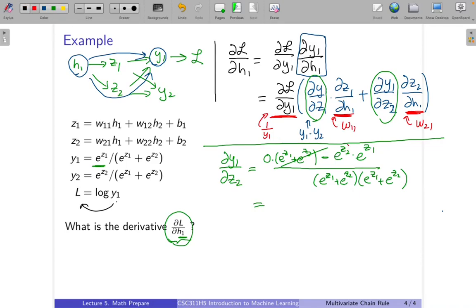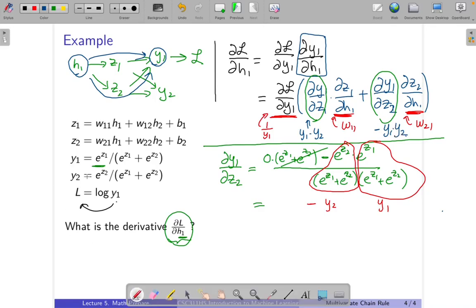Once again, I've got this term here, which is y2, and this term here, which is y1, and a negative sign. So this derivative term is negative y1 times y2.